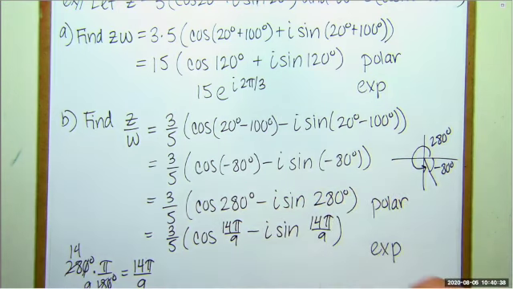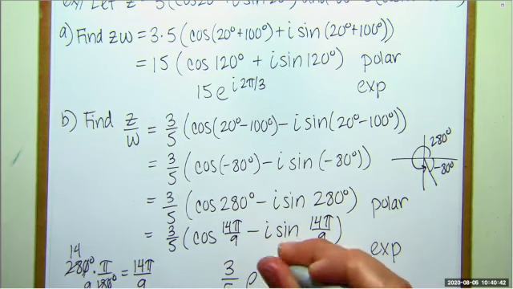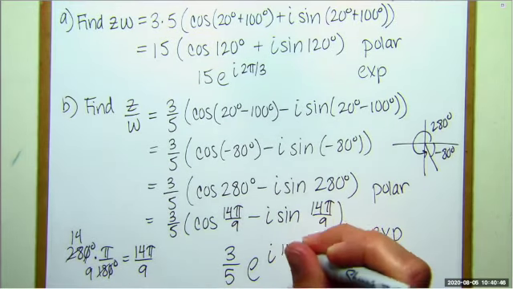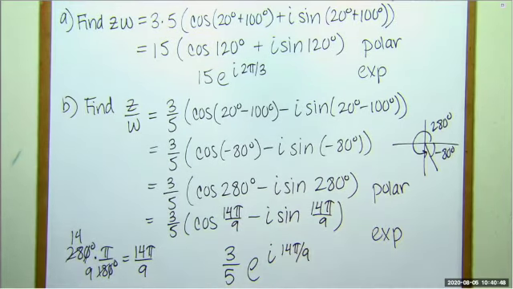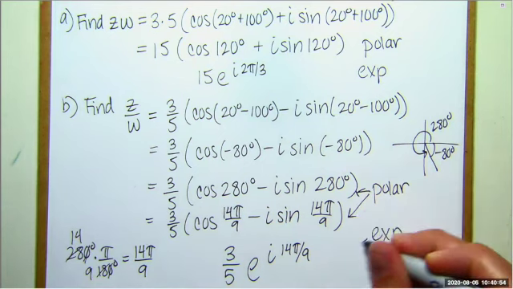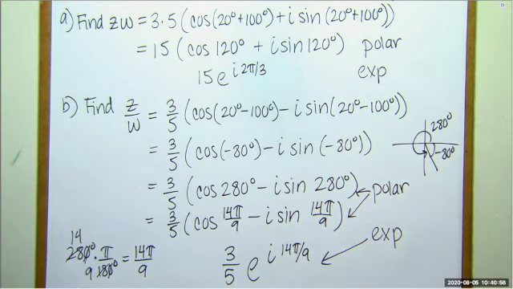If we were asked to put it in exponential form, that is r e to the I theta with r and theta filled in. Any questions on this?